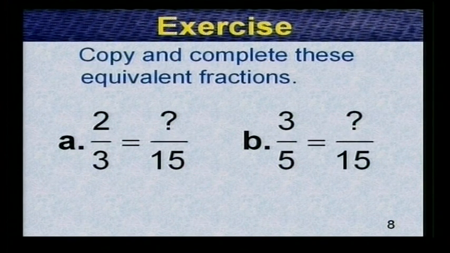Class, the first exercise says copy and complete these equivalent fractions. You are given a common denominator there. You just find the numerator, which is an equivalent fraction of the other fraction. Is that clear, students? You are going to use those common denominators to find the equivalent fractions of those two fractions.